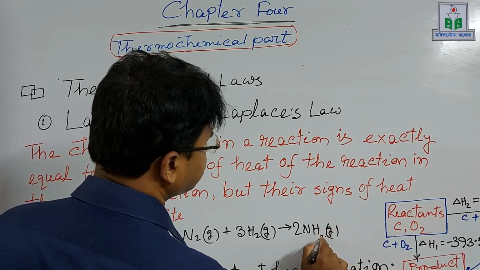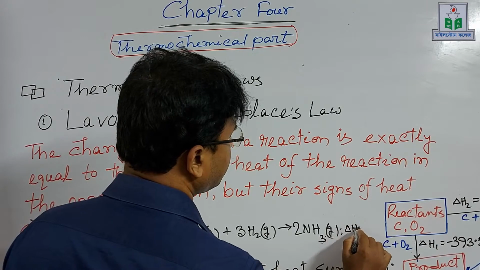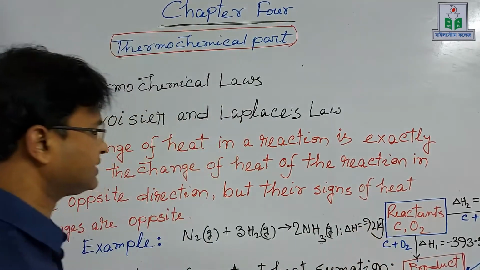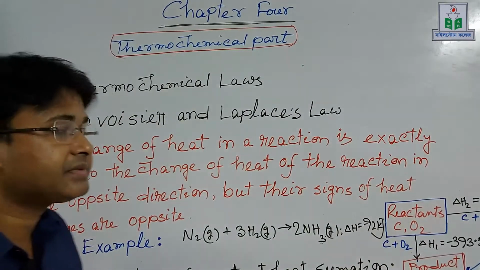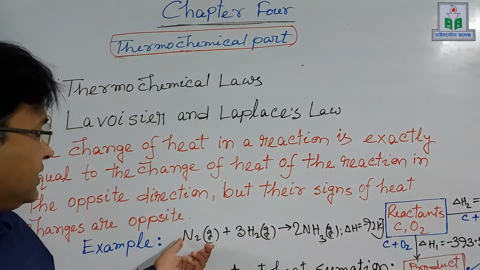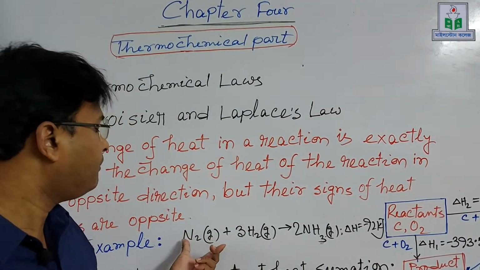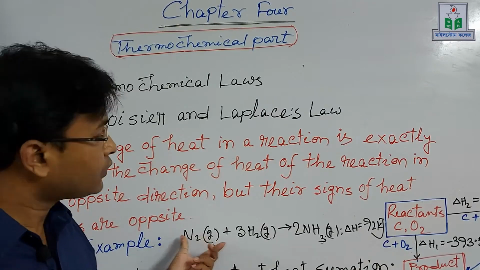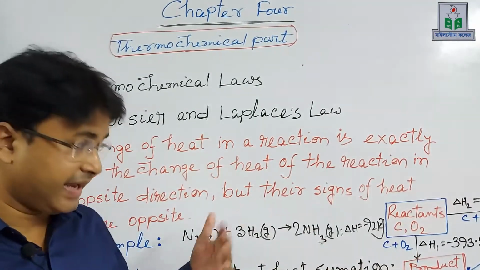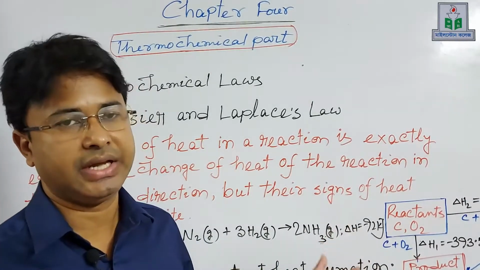In this case, the delta H value is minus 92 kilojoule. Dear students, if you observe this equation, you will see that in this reaction the physical states of both reactants and products are mentioned, and the delta H value is also written with the reaction.